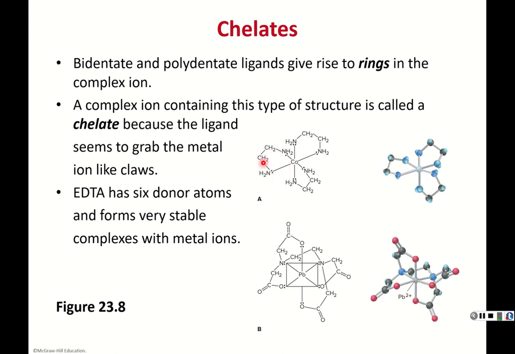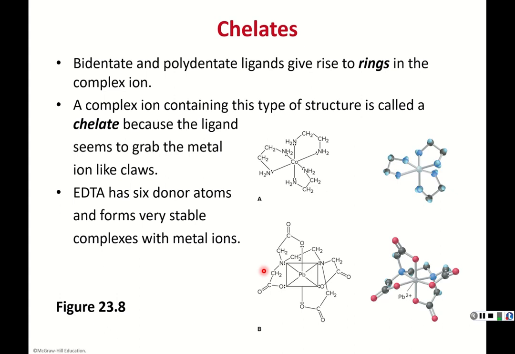Here we have the EN grabbing this cobalt, and it almost appears to be like claws grabbing into that. So they're termed chelates. We mentioned EDTA. Again, EDTA has 6 spots that it can bind, and it is shown here. So, very, very complex. I would not have you draw this EDTA.